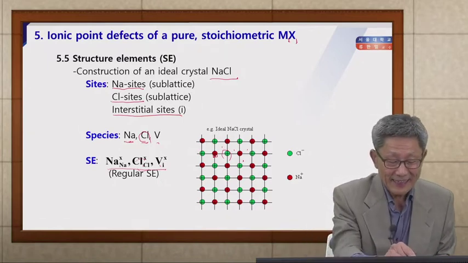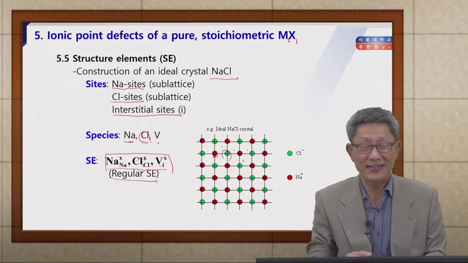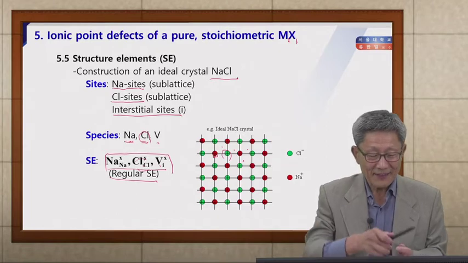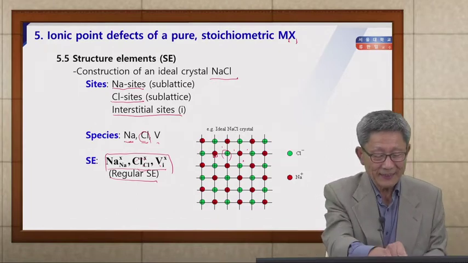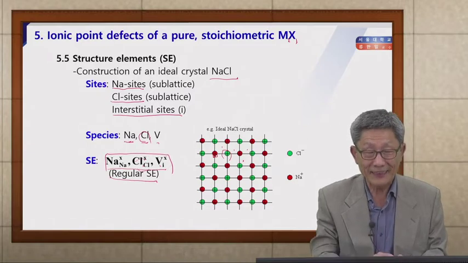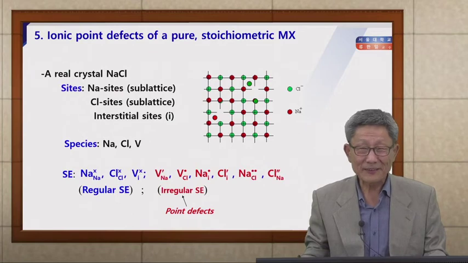So in that sense, these three species are called regular structure elements. By distributing the regular structure elements in the lattice, you end up with the ideal crystal sodium chloride. Okay? What about the real crystal?